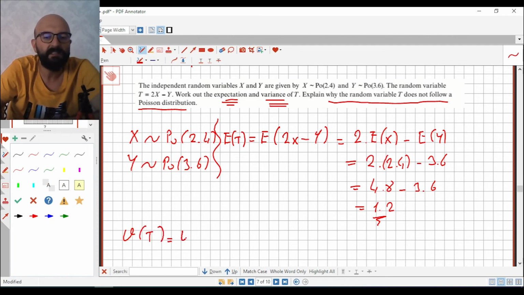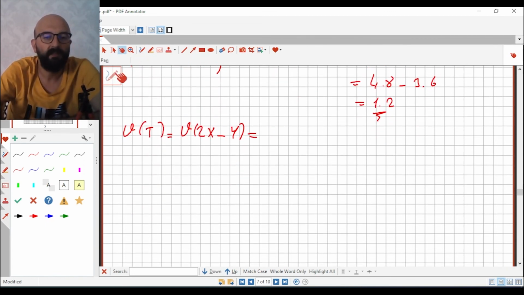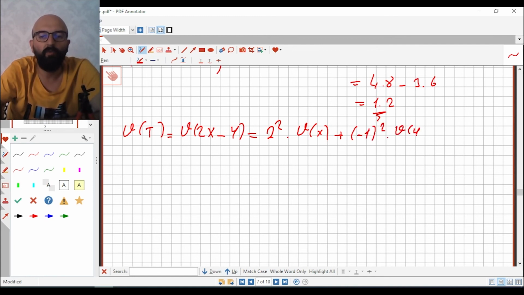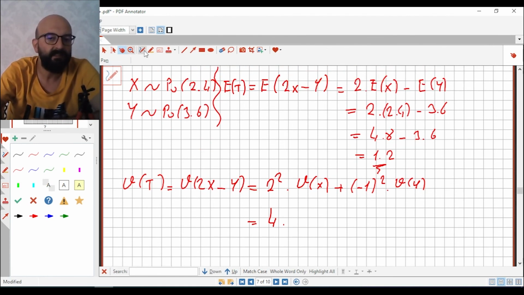And for the variance of t, it means the variance of 2x minus y. So please remember that it is 2 squared times the variance of x plus negative 1 squared times the variance of y. So 4 multiplied by the variance of x. Please remember that in the Poisson distribution, the variance and the expected value are the same.